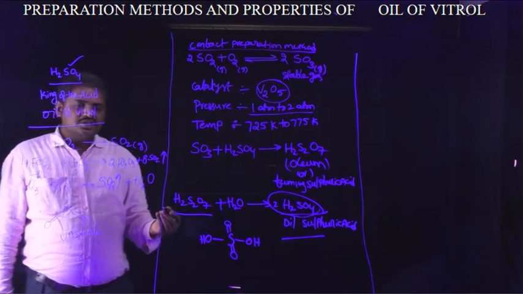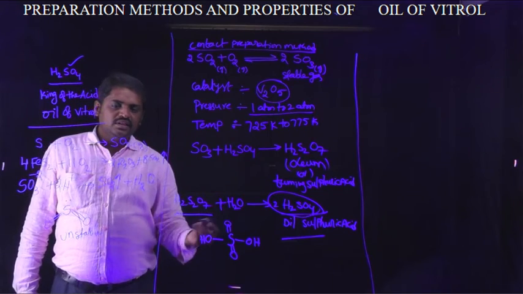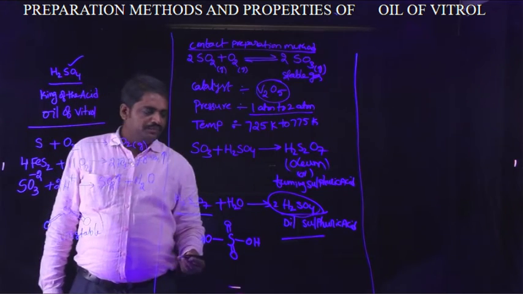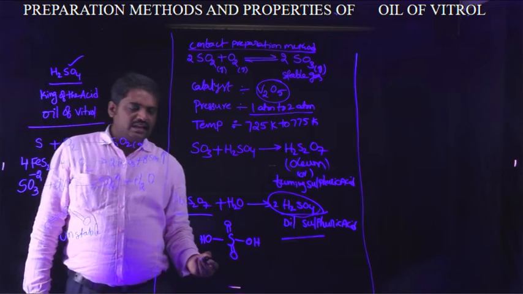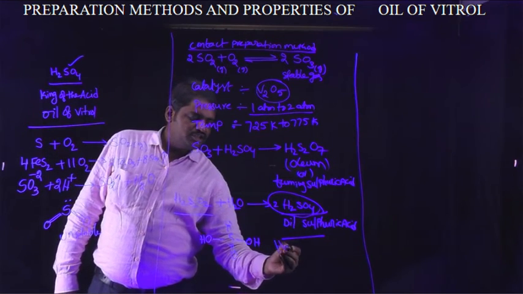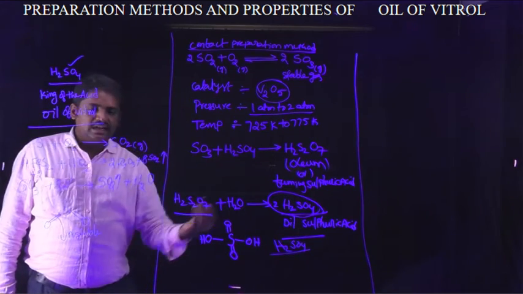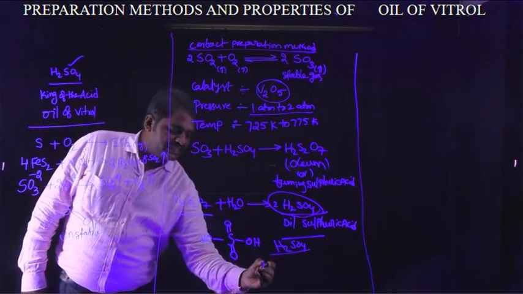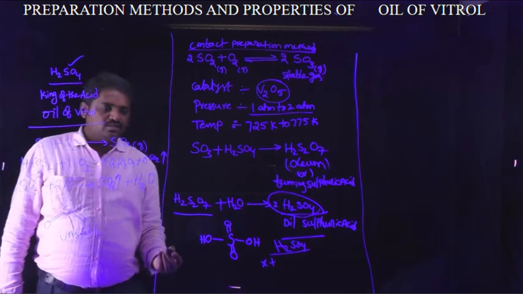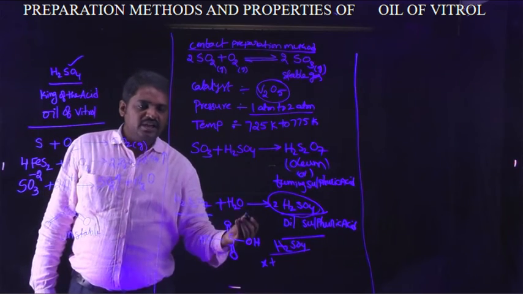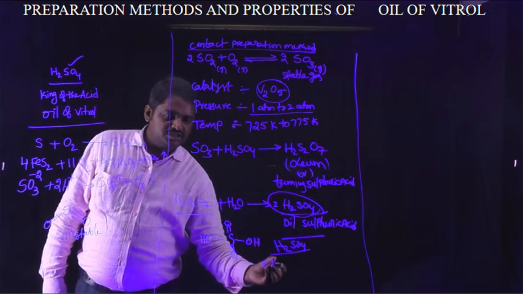Now the oxidation state of the central atom, sulfur, in this molecule. The chemical formula for sulfuric acid is H2SO4. The central atom is sulfur, denoted as X, and two hydrogen atoms are present, each with a +1 oxidation state.